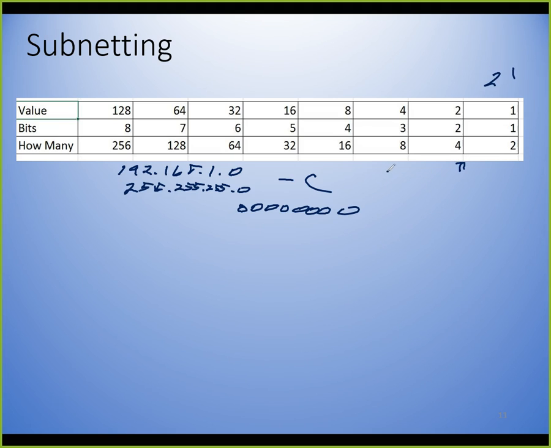I said I needed 4 of these things, so I need 2 bits. I move the subnet mask to the right 2 bits, so that the subnet mask is now 1, 1, and then 3, 4, 5, 6, 7, 8, which gives me 6 bits for hosts and 2 bits for subnet.